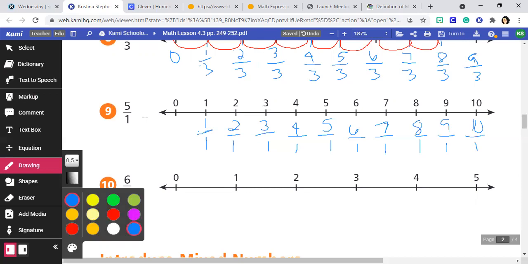And so we were looping in 5/1. Let's do it. 1 section, 2, 3, 4, 5. And there's our target number, 5/1.